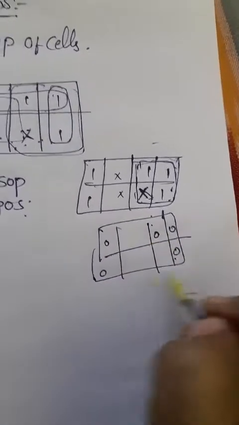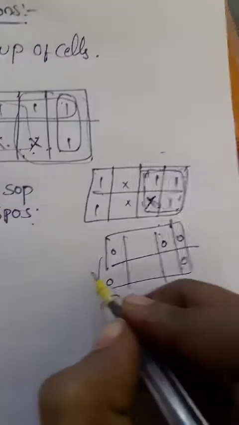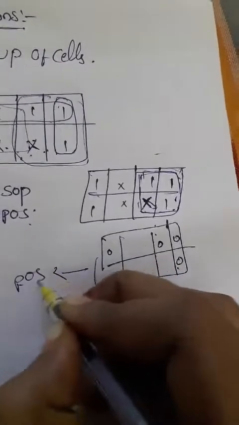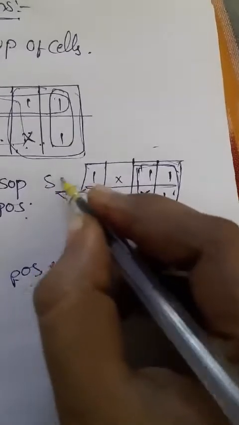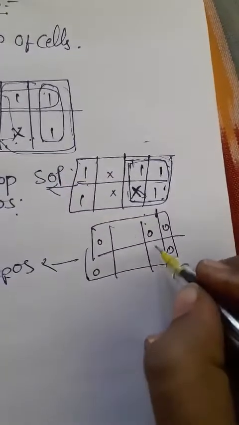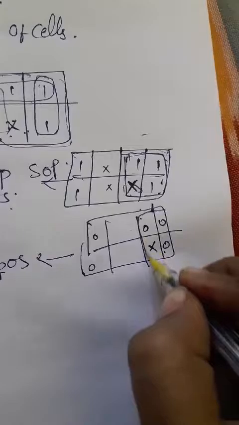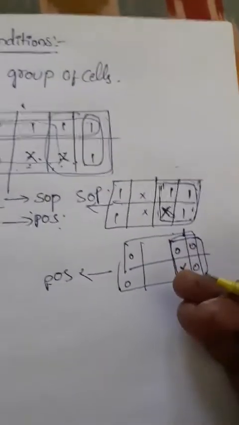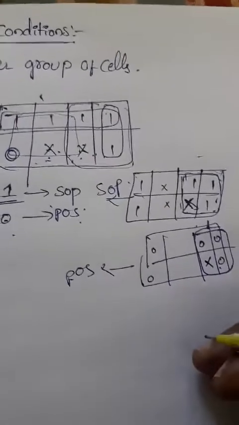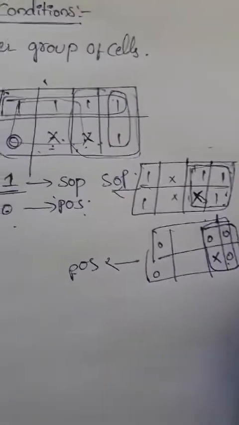Here, grouping the zeros gives the POS expression, and the 1s we can represent as SOP. So here you can group like this. That means these don't care conditions can be grouped for both the SOP expression and the POS expression.